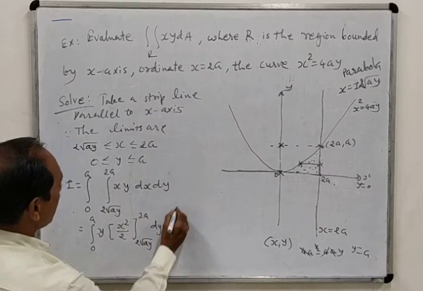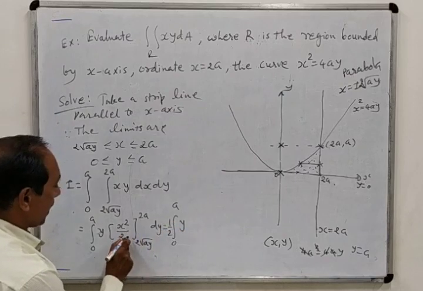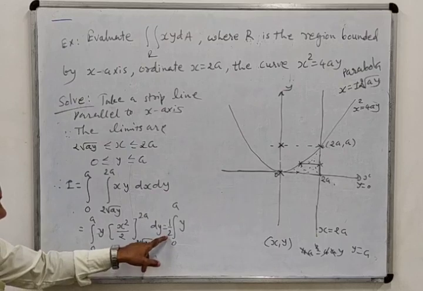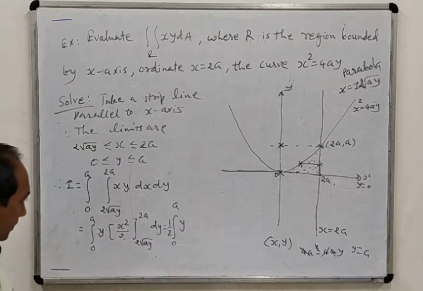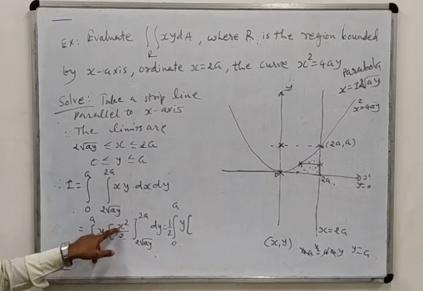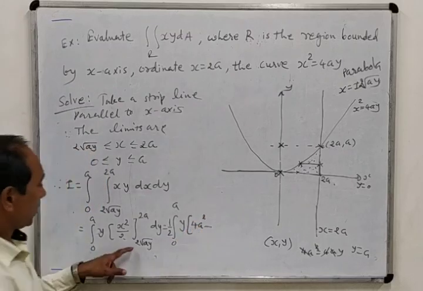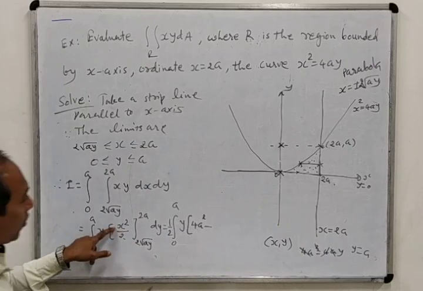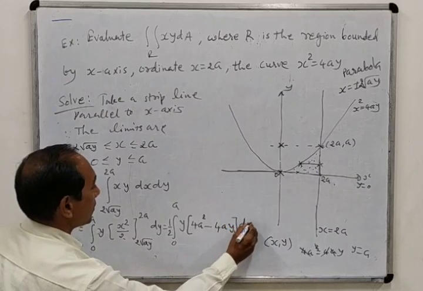This 1/2 I will take outside so we cannot get confused. So we put x equal to 2a, so 2a square means 4a square. Then minus x square, x equal to 2 root ay, so 2 square is 4 and root ay squared means 4ay, and here it is dy.